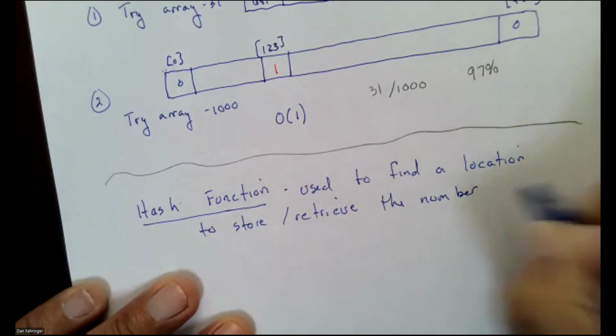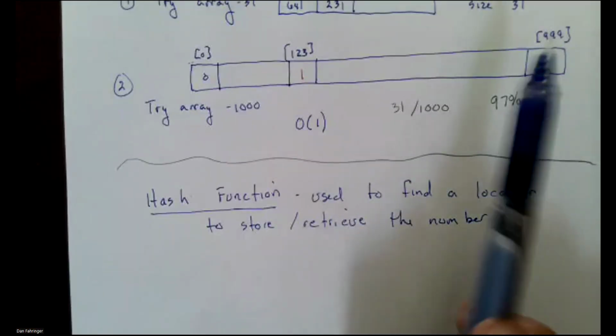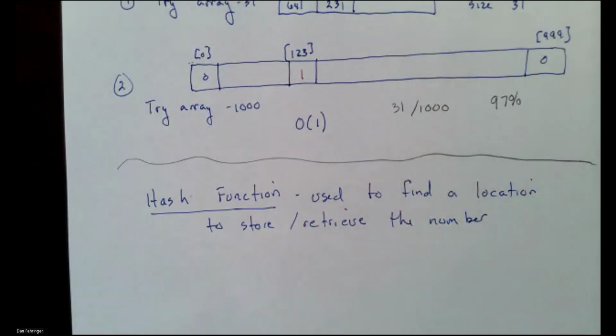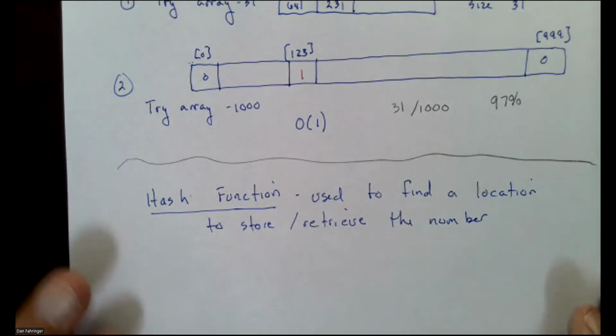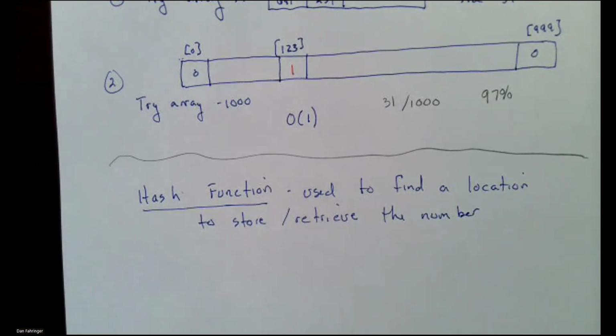What's that mean? Well, what if I said I don't want to use 1,000, but I also don't want to use 31? So I need to find a place to put it. Well, first thing I'm going to do is say, let's create an array size. And then I'm going to show you what's going to happen from there.